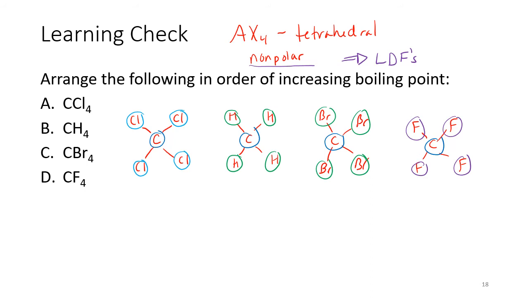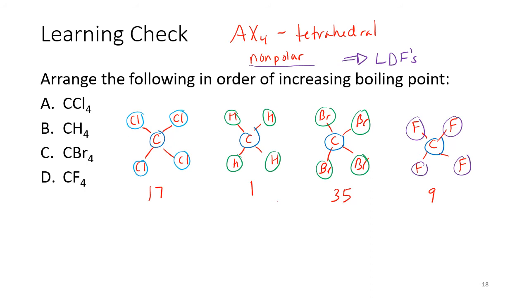If we look at the periodic table, the atomic number tells us the number of electrons that each atom will bring. Chlorine would bring 17 electrons. Hydrogen would bring 1 electron. 1 bromine atom would contribute 35 electrons. And 1 fluorine atom would contribute 9 electrons. Each of them have 4 of these, so it would really be this number times 4.